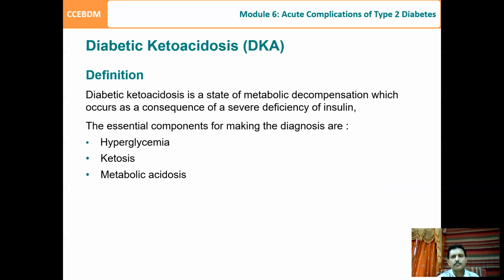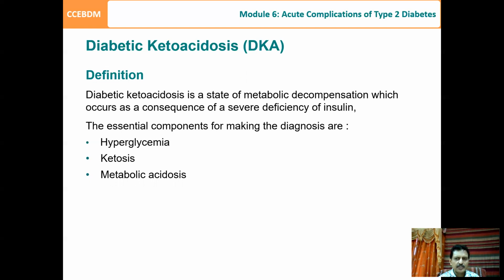It is a state of metabolic decompensation which occurs as a consequence of severe deficiency of insulin. And there are three important diagnostic points, which lie in the name of the diagnosis: diabetic ketoacidosis. So the person must have diabetes, hyperglycemia. In most situations of DKA, the blood glucose level is more than 300 milligram per dl.